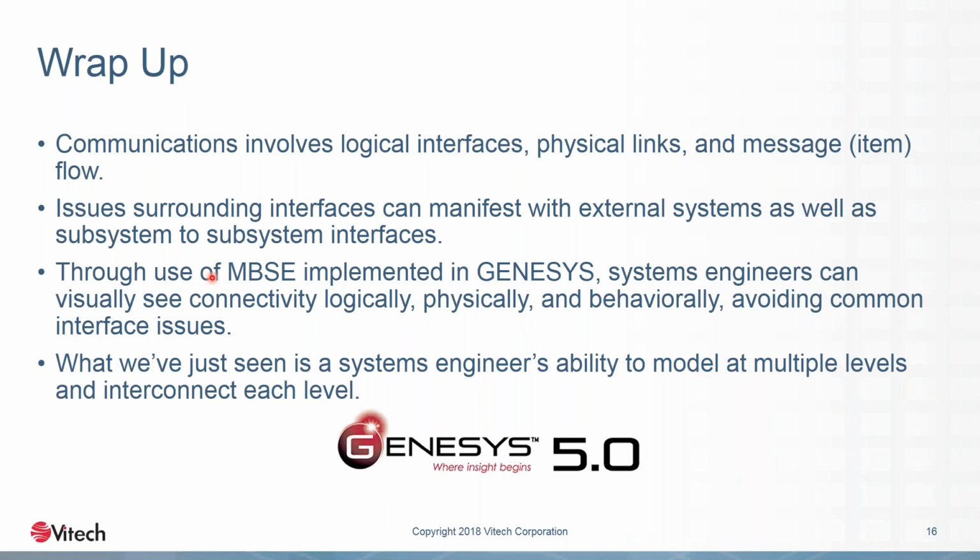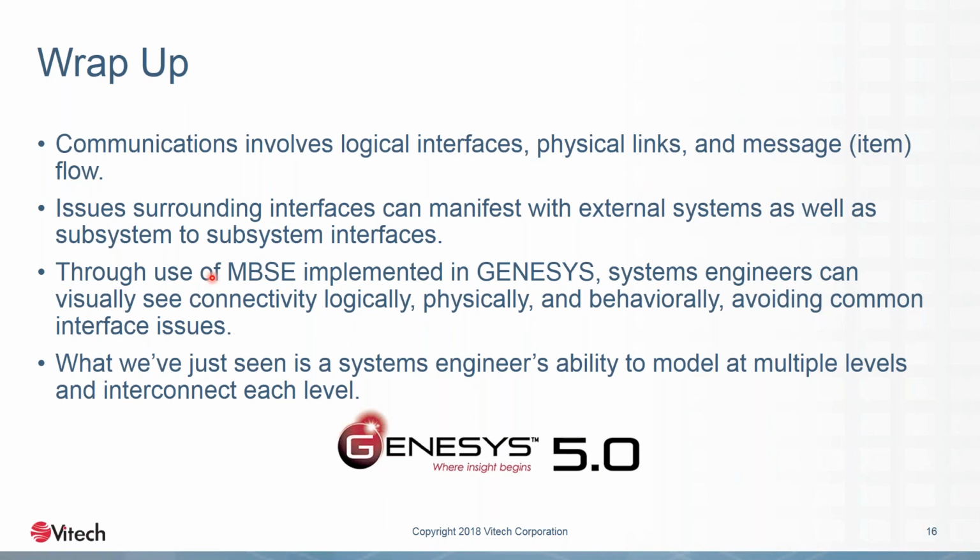So we're capturing those things at multiple levels so that people can understand it as the design evolves from abstract to rather concrete. So we're looking at things like the logical construct, the interface, the physical construct, the link, and then, for instance, in this one, a message is captured as an item.